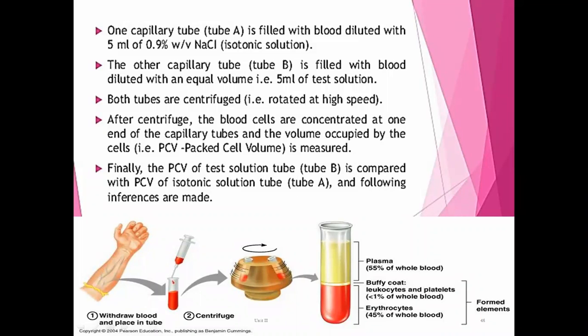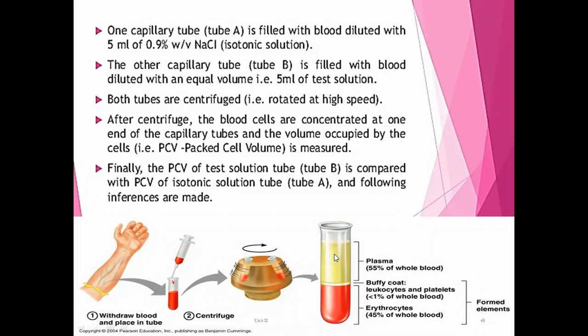After centrifugation, we compare both the glass tubes, one produced by the test solution and the other produced by the isotonic solution. We compare both these tubes and draw inferences from that. See, in this way the tube will look.